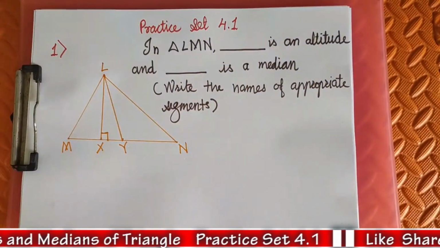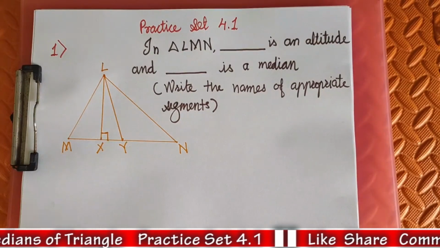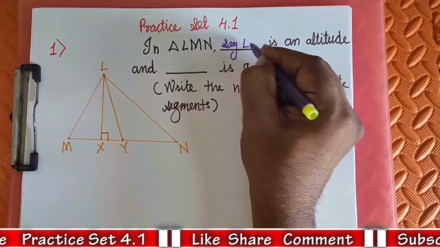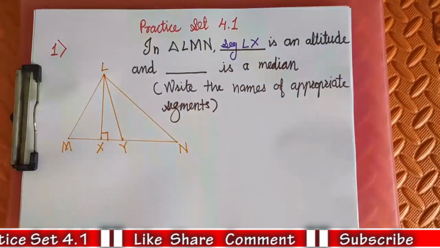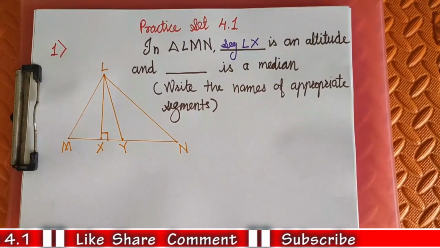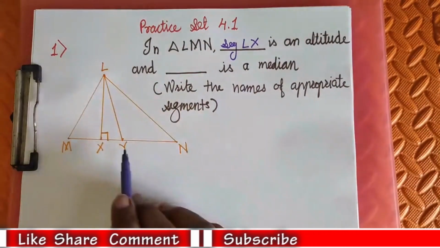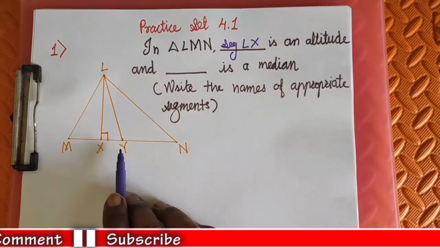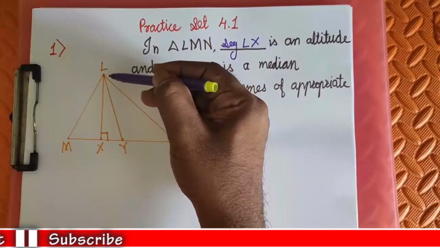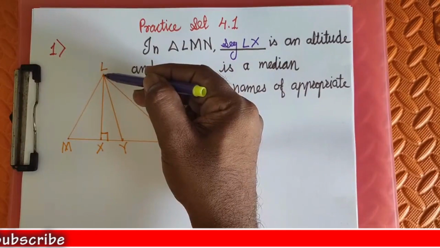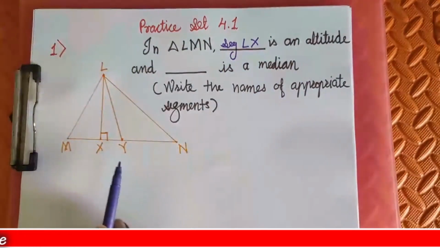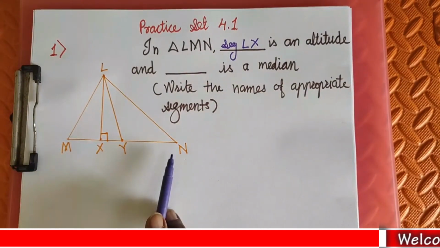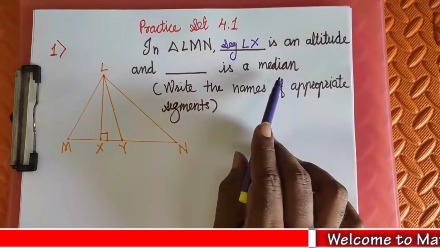So write down here answer. Segment LX is an altitude, and as Y is midpoint, therefore segment drawn from vertex to the midpoint of its opposite side, that segment is called median.